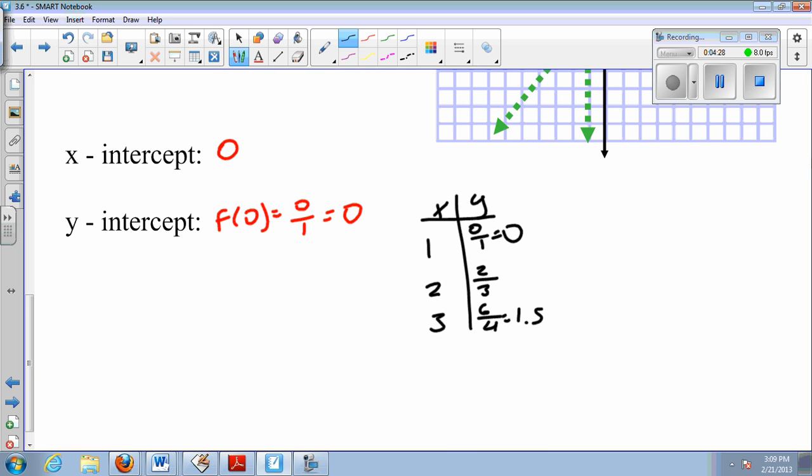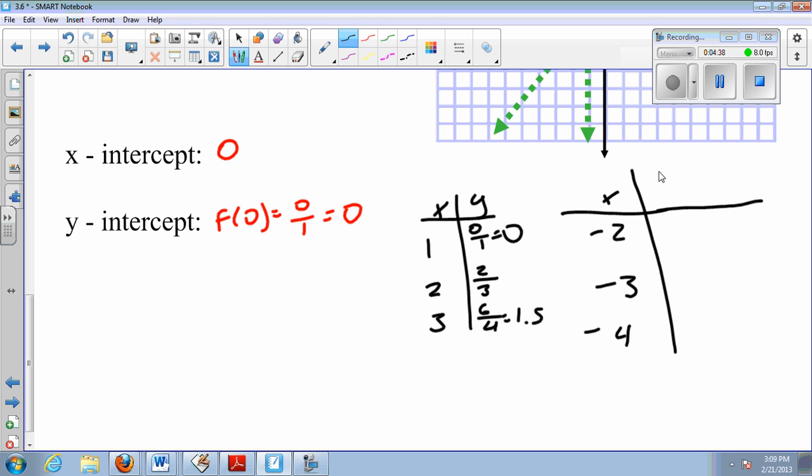Our second table, -2, -3, -4. So -2 will go 6 over -1, which is -6.